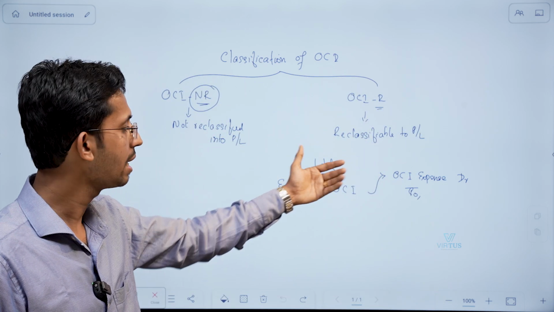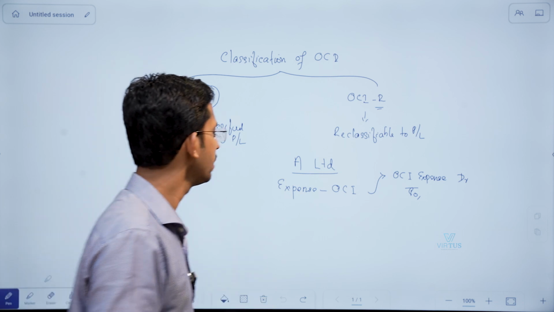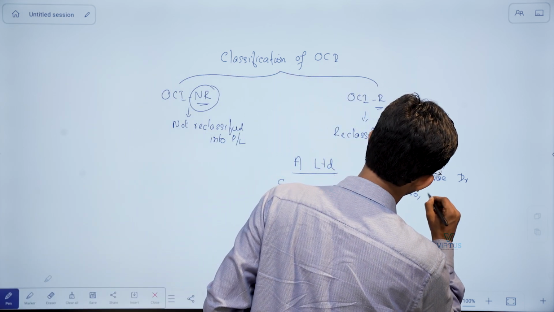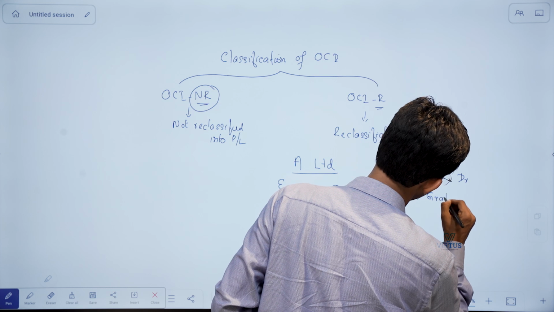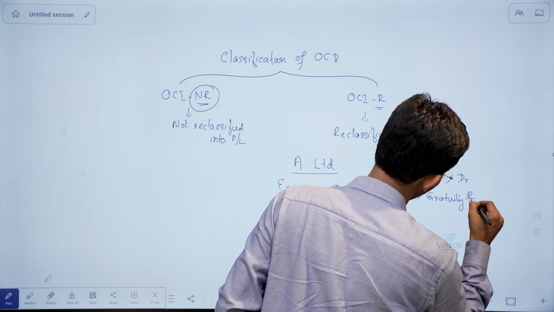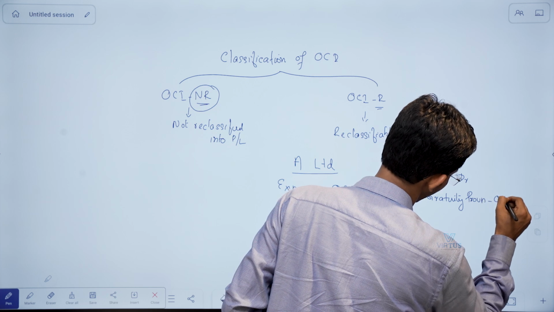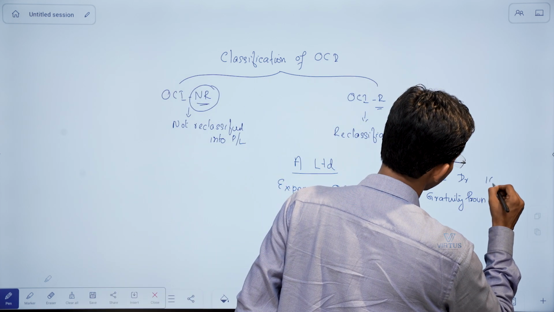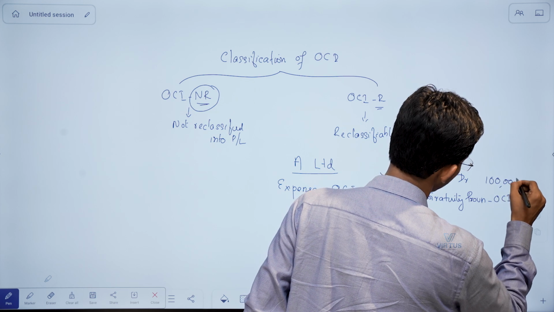Since it is an expense, naturally the other side will be to a liability account. So we are recognizing it as gratuity provision under OCI. Let's say the amount is 1 lakh.